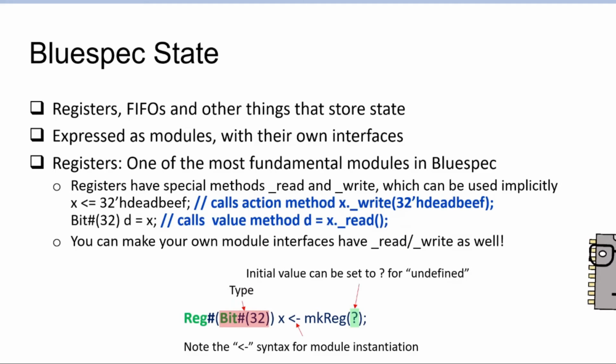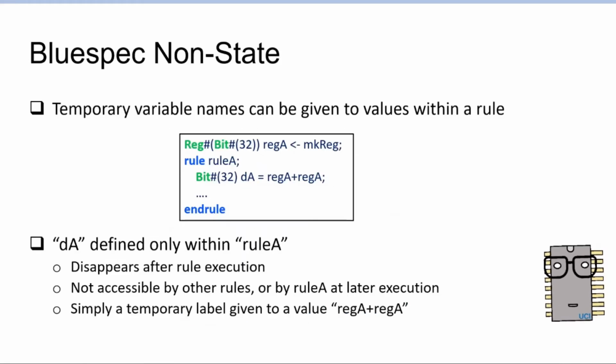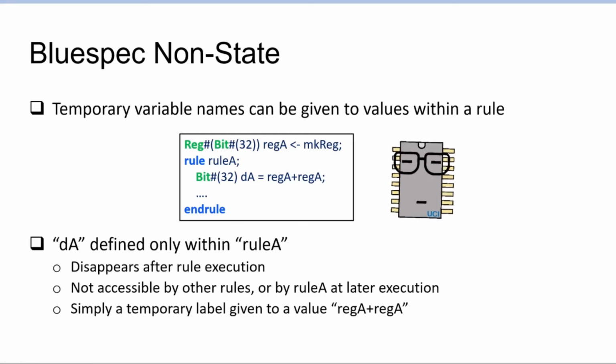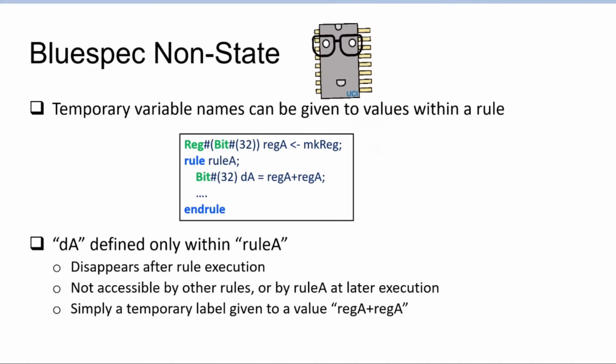Anyways, so that's registers, which is typically just like regular variables in software. There are many caveats there, but it's an easy enough abstraction to have. And registers, which are state, is not to be confused with things that are not state.